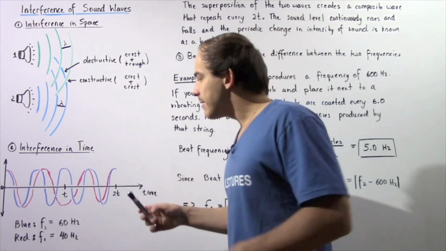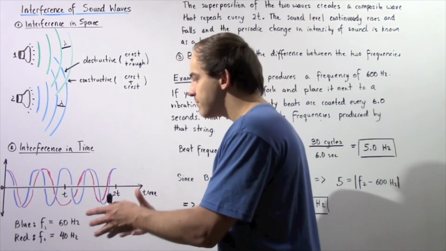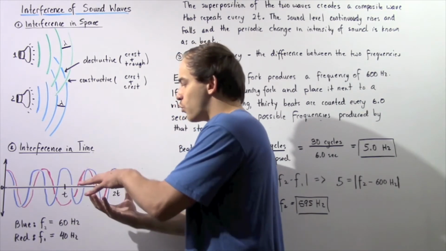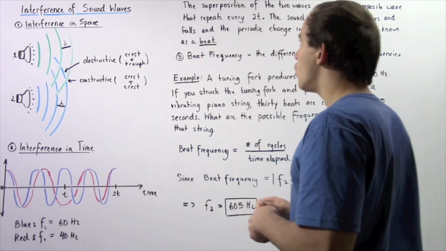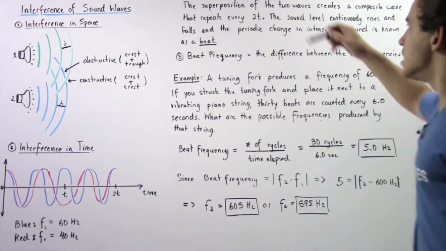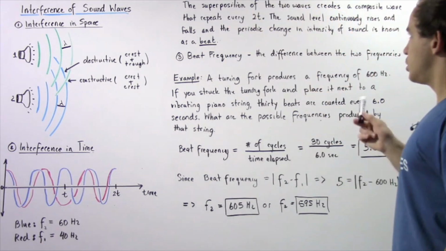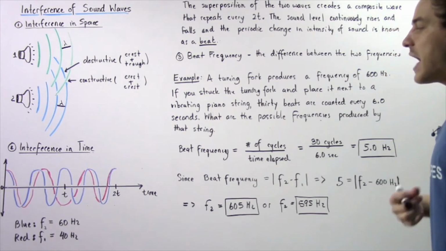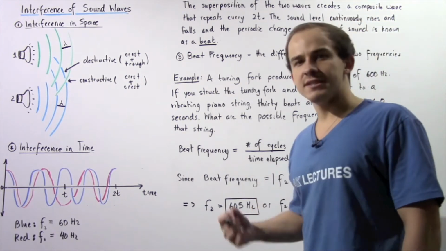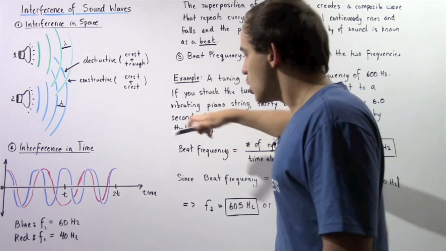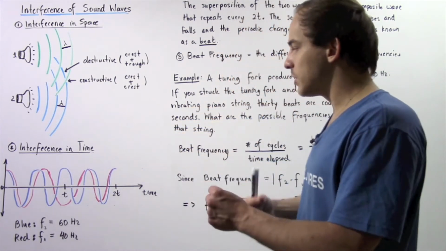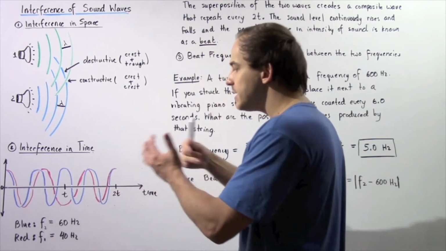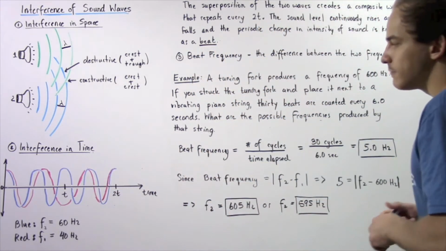So if we examine the complex wave that is produced from the interference, from the superposition of these two waves, that wave is known as the composite wave. So the superposition of the two waves creates a composite wave that repeats itself every 2t seconds, where 2t is simply the number of seconds after which the composite wave begins to repeat itself.